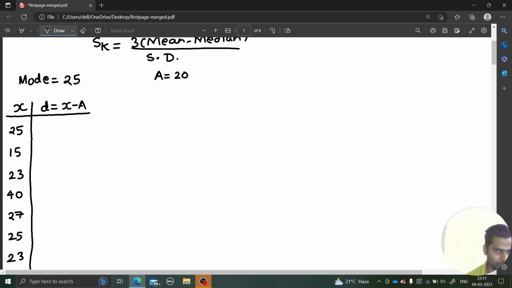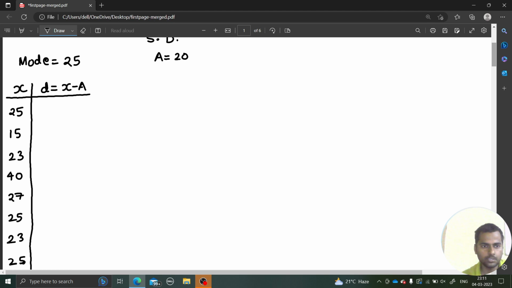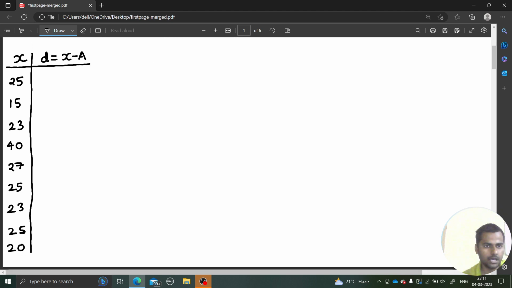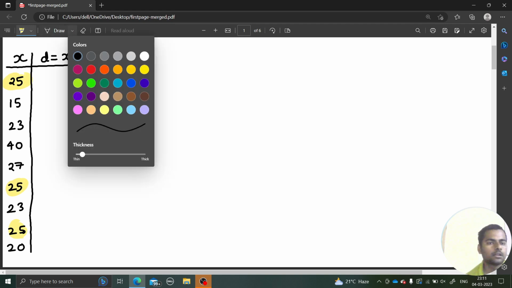You can take that to be 25, 15, 23 as per your wish. So I have taken it to be, let's highlight it, 25. It is occurring at 3 places. You don't need to highlight, I'm just highlighting so that it becomes easier for you to calculate.